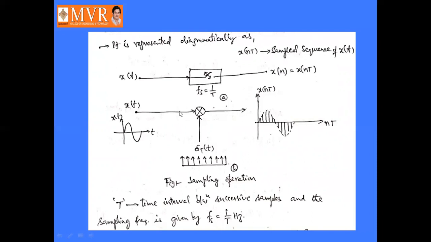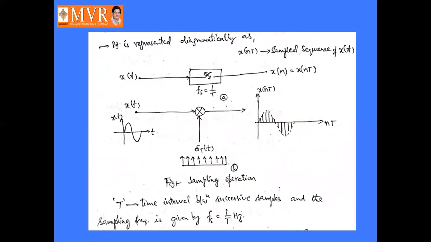Or we can define it as in figure b, where x of t is multiplied with the train of impulses, delta T of t, so we get x of n, the sampled sequence of x of t. That is the sampling operation.